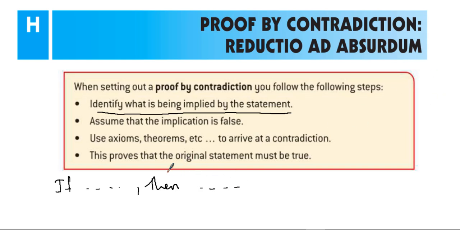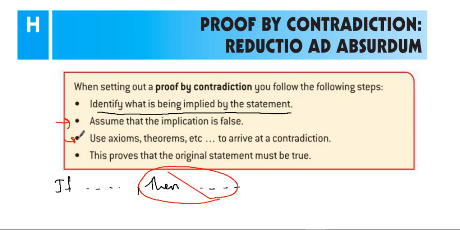So you first find in your statement what's implied. Then the next step is to assume the implication is false, so we negate the implication. For example, if my implication is that apples are red, my assumption is that apples are not red. So the assumption is the negation.